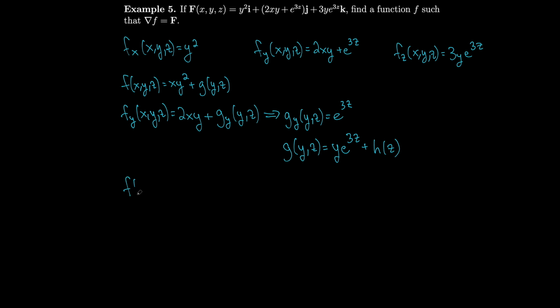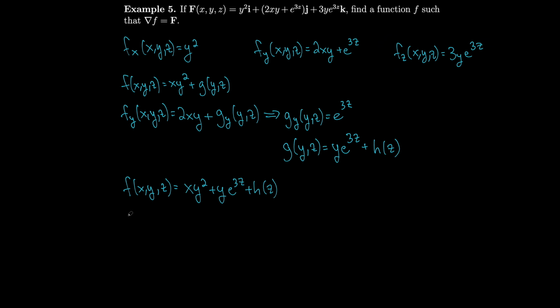So far, let's write out the progress we've made. We've figured out that our potential function is xy squared plus y e to the 3z plus h of z, because we replaced g of y, z with that. So we're making progress. We just need to figure out what this h of z is. So let's use the last thing that we didn't use yet.